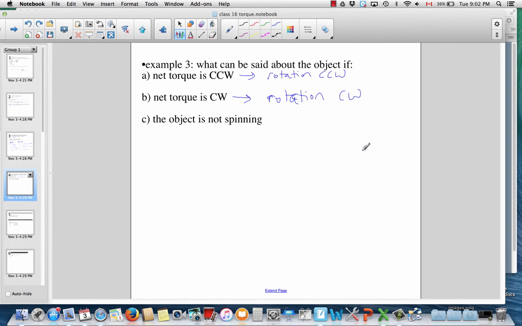Now, if the object's not rotating at all, that tells us that the anticlockwise and the clockwise torques have to be canceling each other out, or another way to put that is just that the net torque is actually 0. And this is the main problem of interest for us.